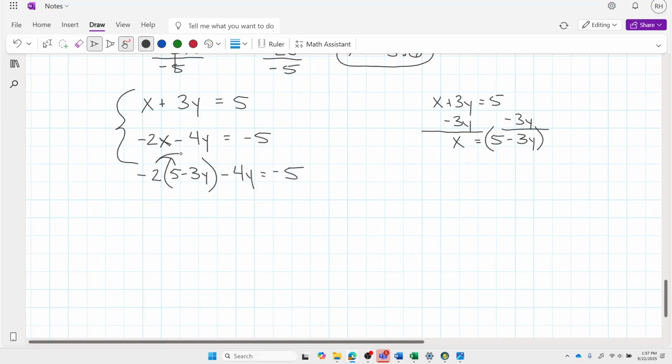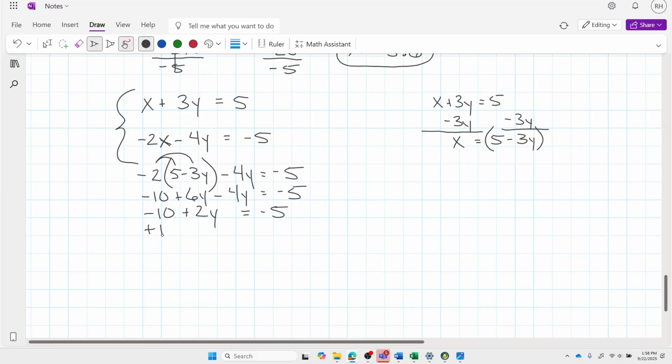Distributive property, negative 2 times 5 is negative 10, and negative 2 times negative 3y is positive 6y, minus 4y equals negative 5. Combine like terms next, so 6y minus 4y would be positive 2y, and that's equal to negative 5.